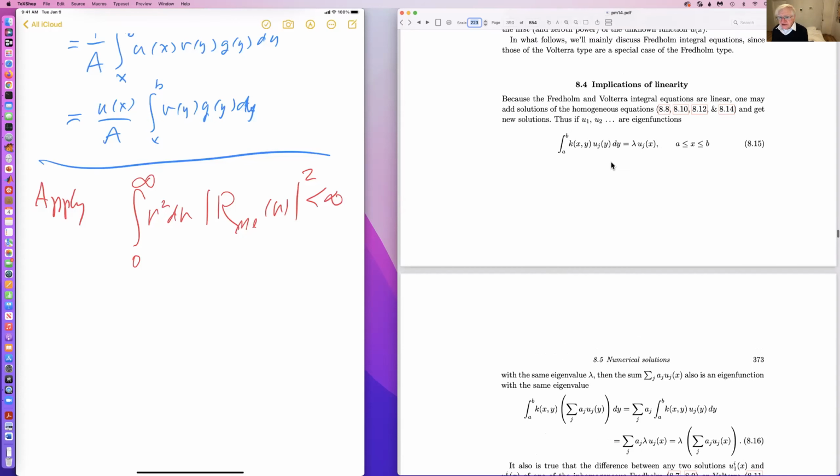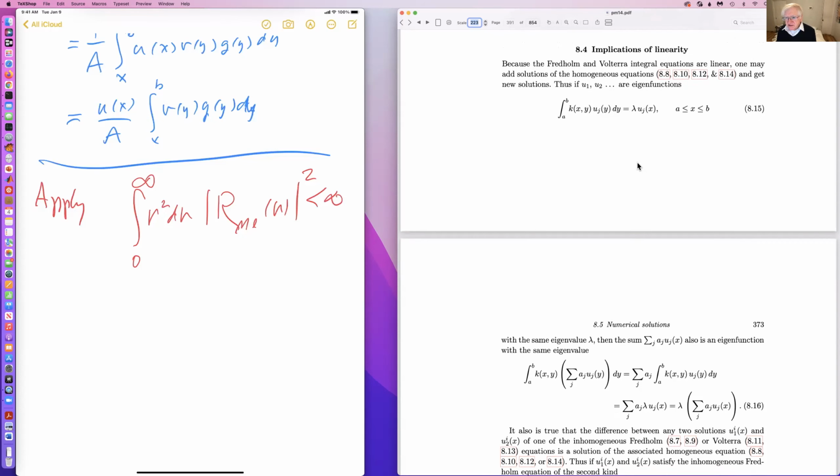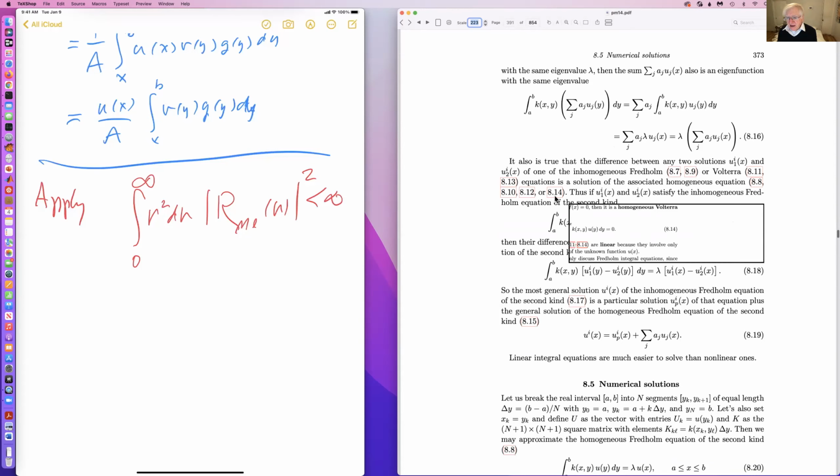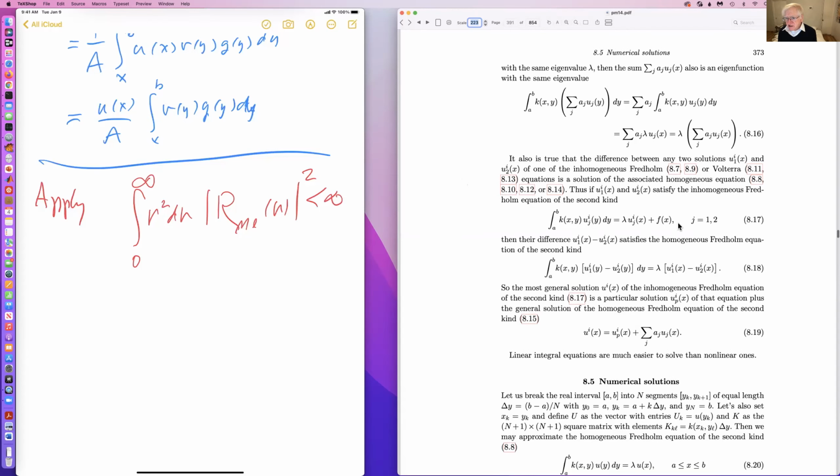And one aspect of linearity is that if you have various eigenfunctions with the same eigenvalue, then any linear combination of them is also an eigenfunction with the same eigenvalue. And if you have an inhomogeneous equation with a given eigenvalue, then the difference of any two solutions of the inhomogeneous equation, of course, when you take the difference, the inhomogeneous term cancels.